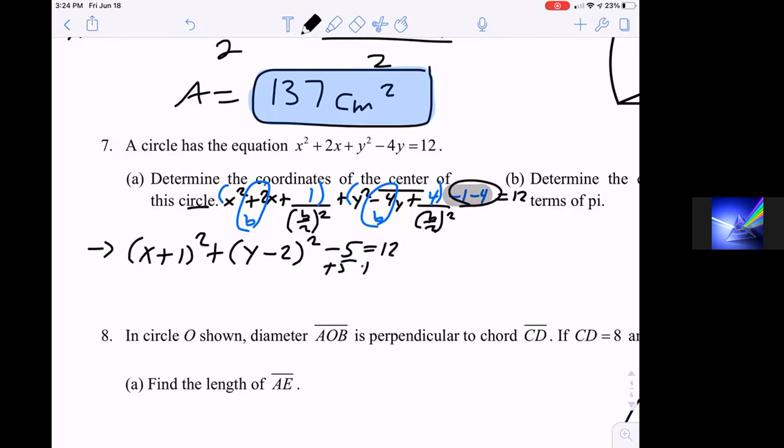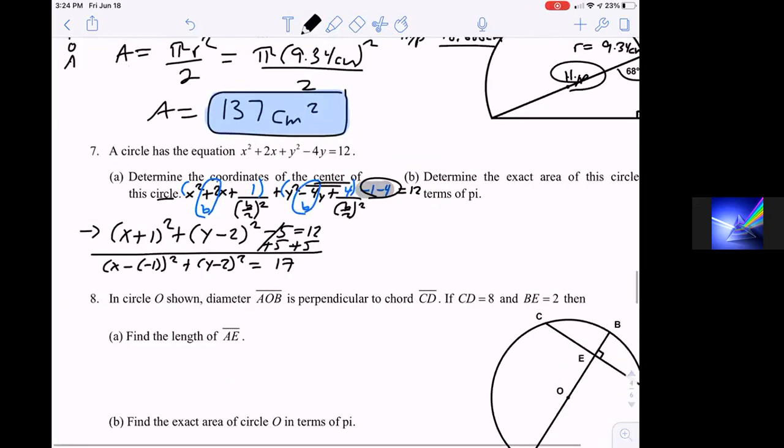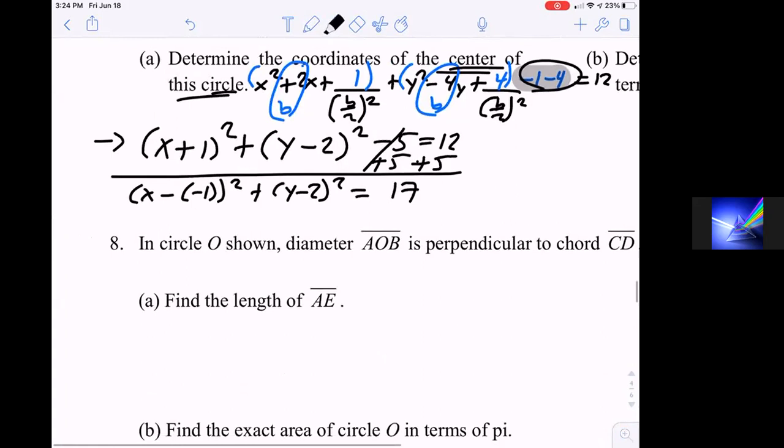So go ahead and add the 5 to both sides and rewrite this, and we get x minus a -1 squared plus y minus 2 squared equals 17. Well, all we wanted to know was the center of this circle for this part of the problem. So the center would be at -1 and 2. So -1 and 2, whoops, would be the center of that circle.